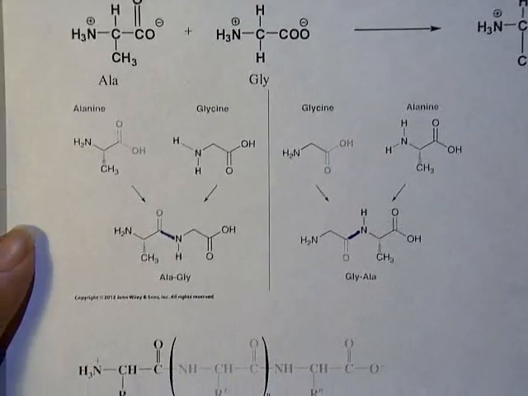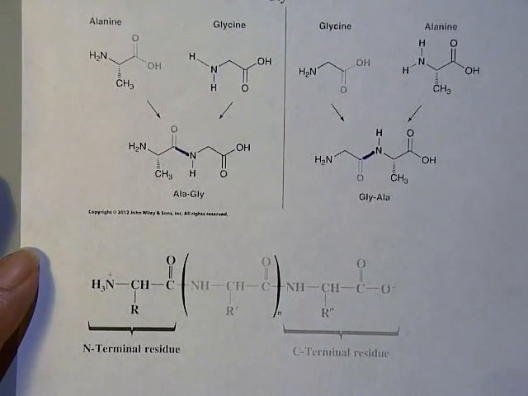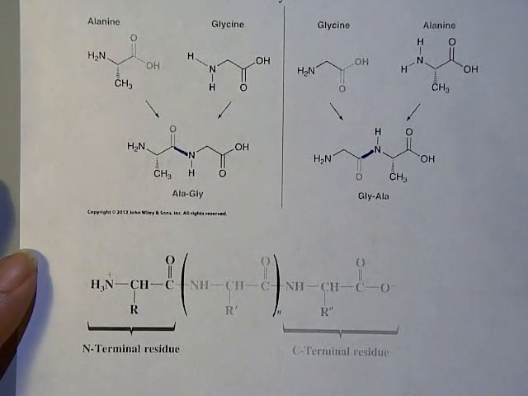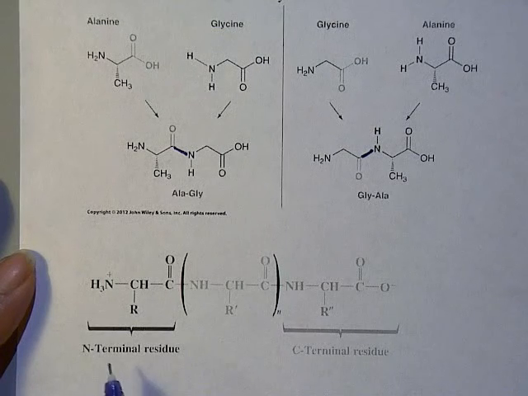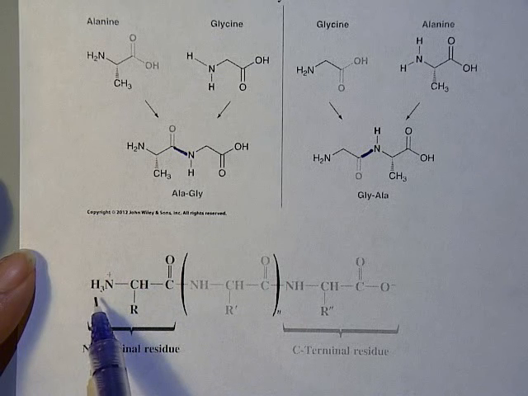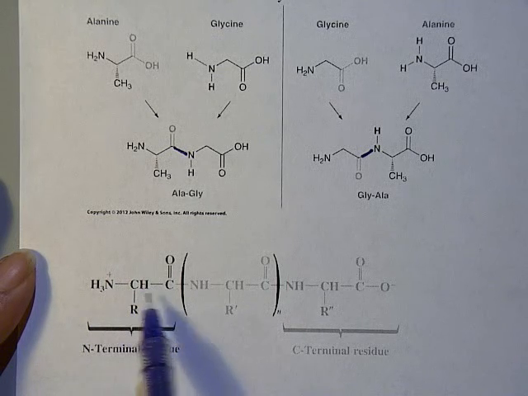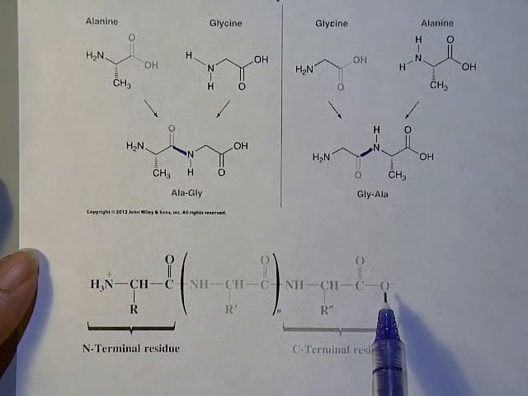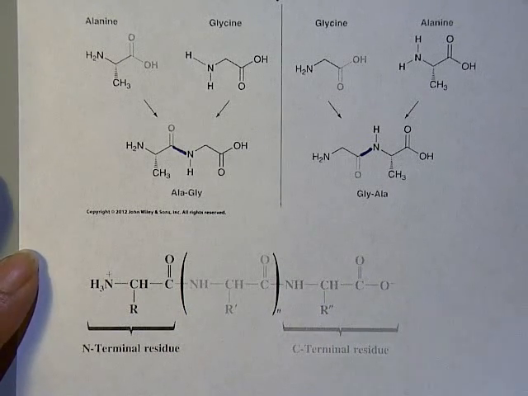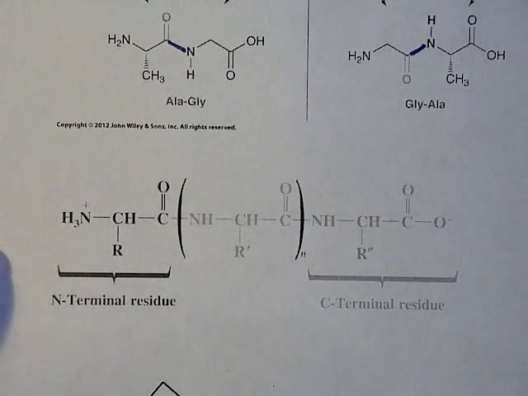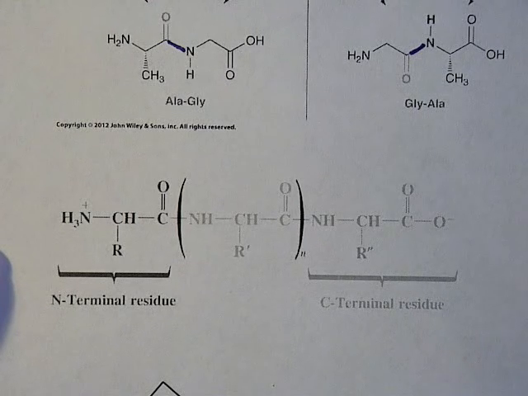So this is how it's written in portraying peptides. Conventionally, you always put the amino acid that has a free amine group on the left side, and then you write your amino acid sequence, and on the right-hand side would be the free carboxylic acid. This is sort of like how you always write from left to right when you write your name or a word. So that's how it is with writing out peptides.